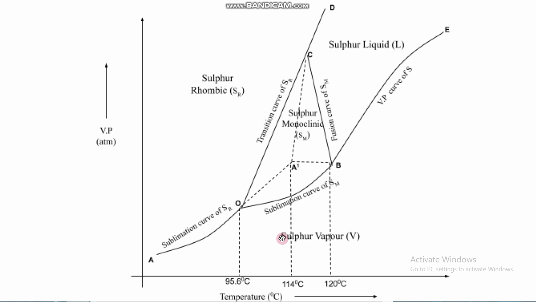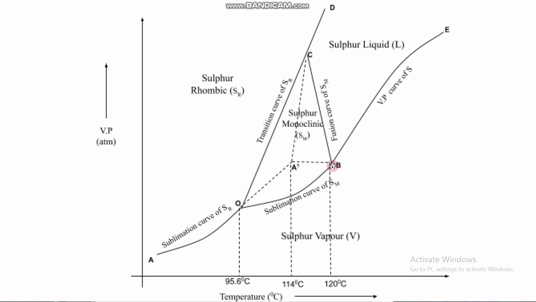When we apply the phase rule, F is equal to C minus P plus 2. Composition is 1, the same sulfur. Phases are 3: sulfur rhombic, sulfur monoclinic and sulfur vapor. So the degree of freedom is 0. Zero means this is invariant. Invariant means the variables such as temperature, pressure and composition remain constant at this point.